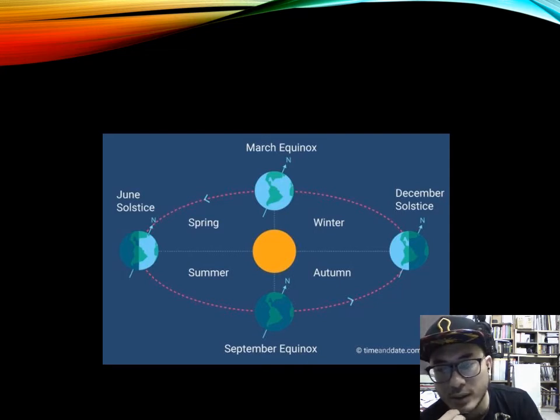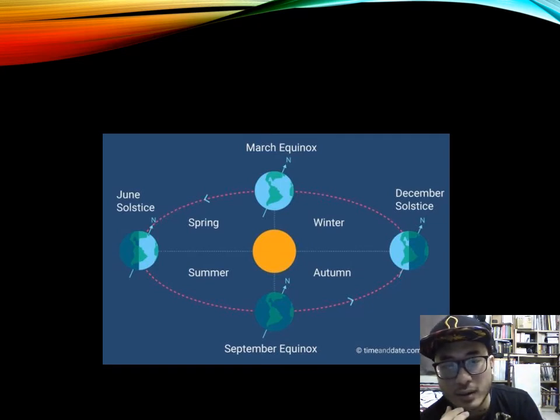So during this time, the southern hemisphere will be experiencing the opposite of autumn, which is spring. So when the northern hemisphere starts to experience winter, the southern hemisphere will experience summer.